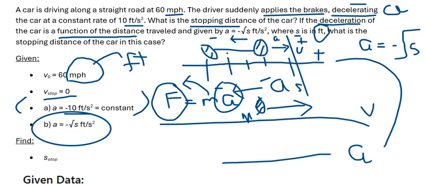We will look into the small changes of those two variables, acceleration and position, and that's where this comes from. So what if your acceleration is not constant but a function of distance traveled? At that time, what is the stopping distance going to be? That's what the question is about.